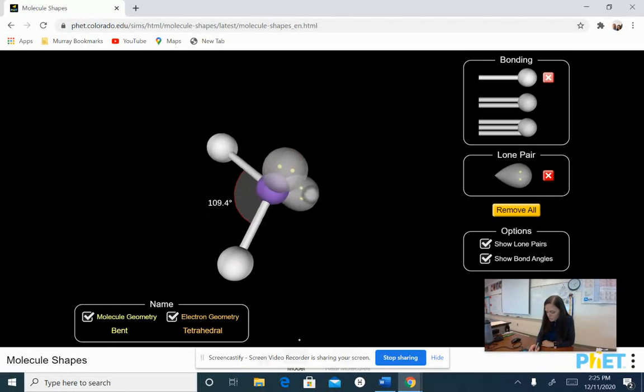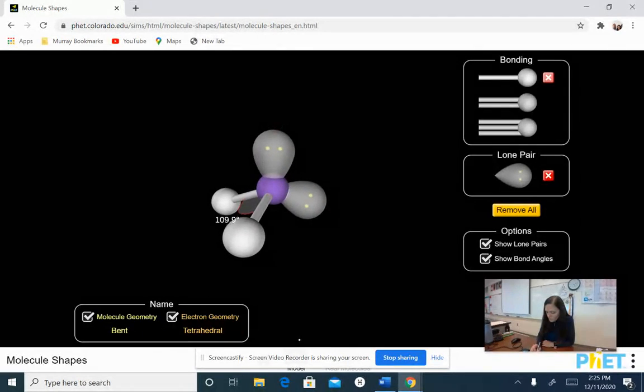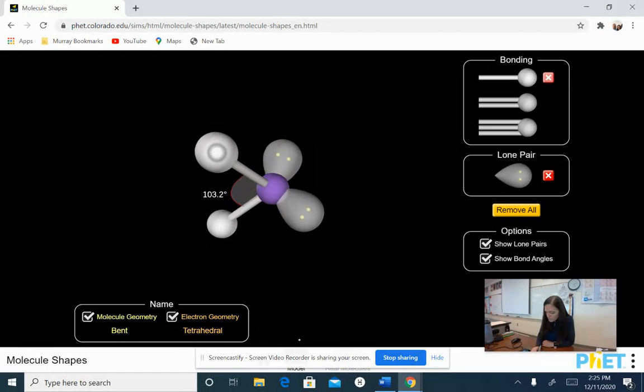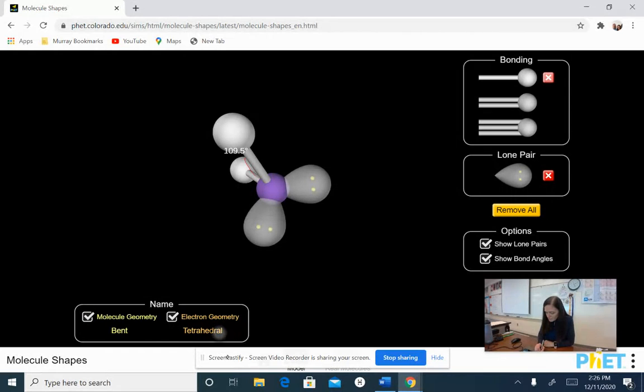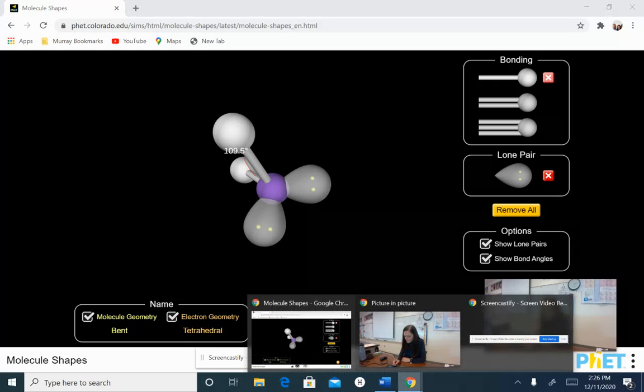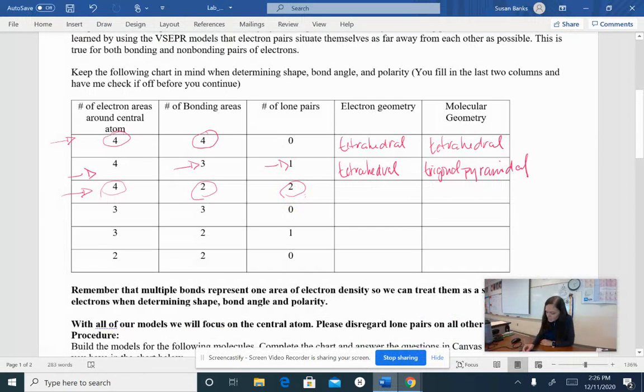Okay, so my 2 lone pairs. If I look at that three-dimensionally, notice my molecular geometry here is bent. My electron geometry here is tetrahedral. Okay, so bent for my molecular geometry and tetrahedral for my electron geometry.